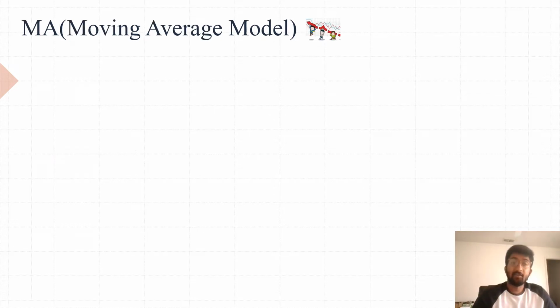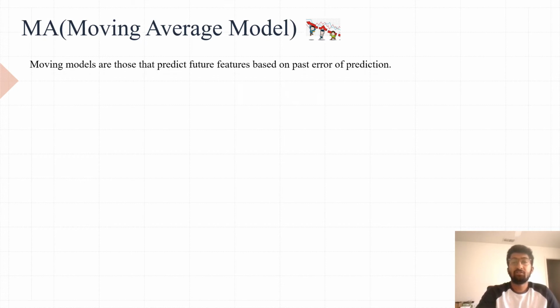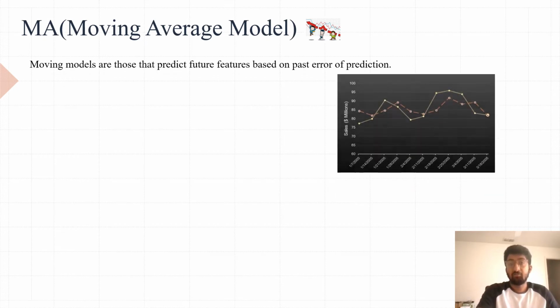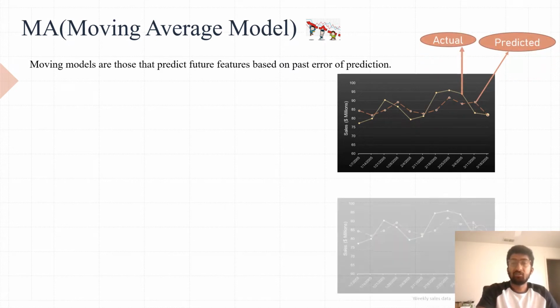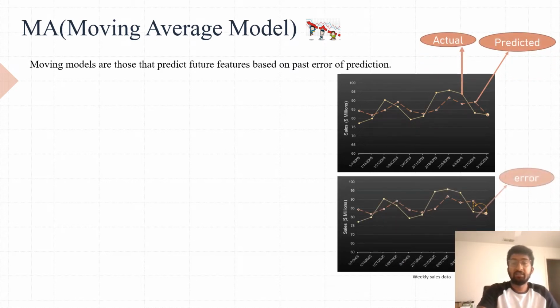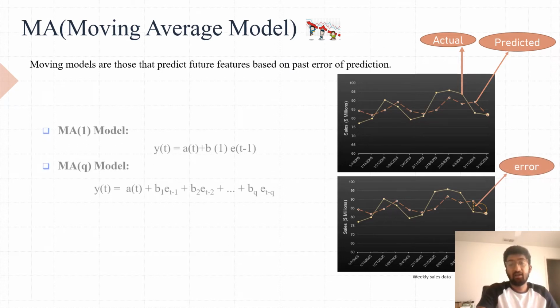Secondly, we have the MA model, the moving average model. This model is responsible for making a prediction based on the past error. If we see the same graph, weekly sales data, we have one actual value and one predicted value. It will look at the error of prediction on the last term, and it will predict the next term.